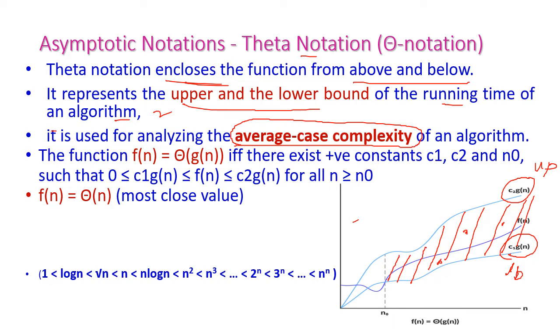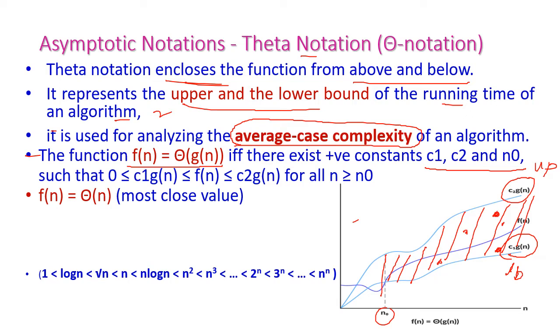Let us see the function. The function f of n equal to theta g of n if and only if there exist positive constants c1, c2 and n0. C1 may be anywhere here on the lower side, C2 anywhere here on the upper side, and n0 is here, that is the starting point.